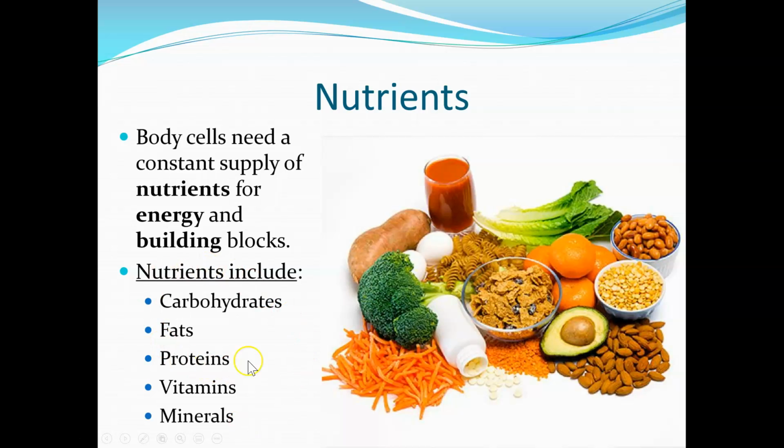Okay, so we need larger quantities of the first three, smaller quantities of the fourth and the fifth nutrients. But we need all of these to be healthy and basically be able to have our cells function normally and optimally. With a variety of fruits and vegetables and meats and dairy products, we can achieve healthy living.